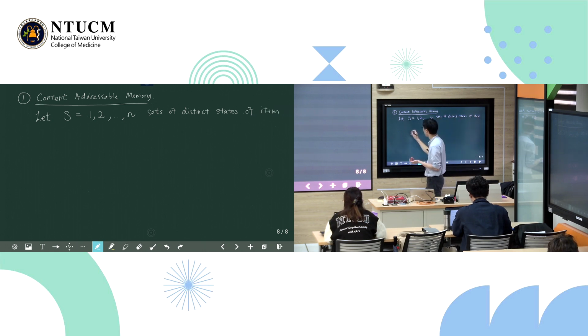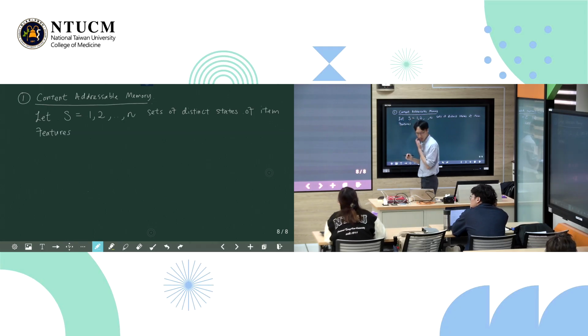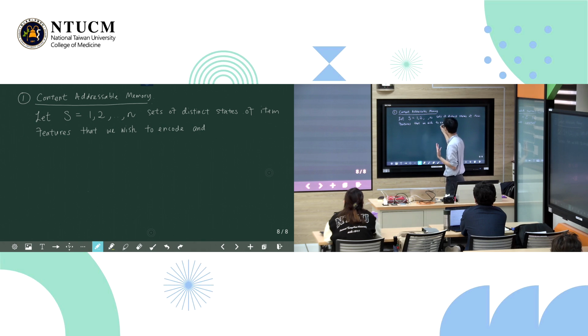States of item features that we wish to encode and retrieve. As you guys rightly described just now, okay? A key part of it seems to be that there must be some encoding done of information, okay, states, and some retrieval done.